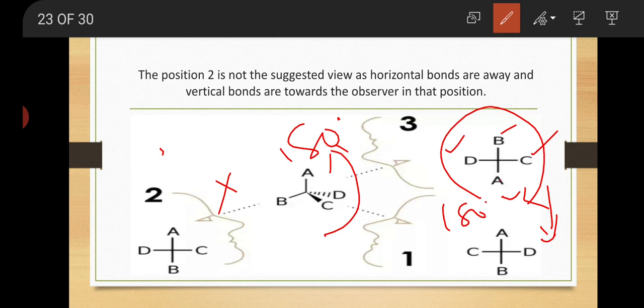That's why it is a wrong position to see the molecule. The right position is where the vertical bonds are away from the observer and horizontal bonds are towards the observer. We have to see in such a way. Let's take an example.